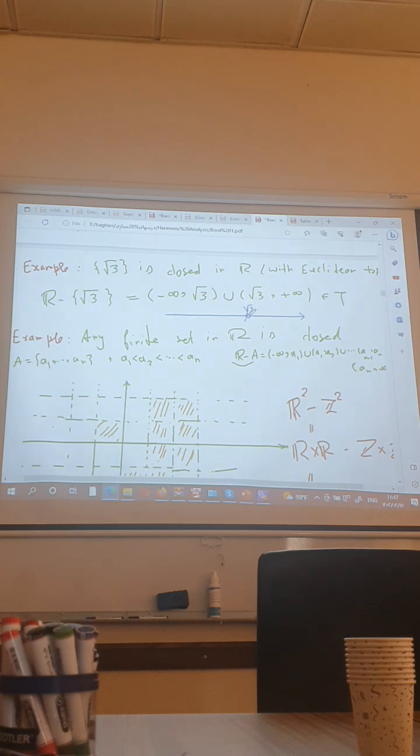This open interval and this open interval, okay? All of these are open, so the union of these two is an open set, so the complement of this set is open, so that this set must be closed.